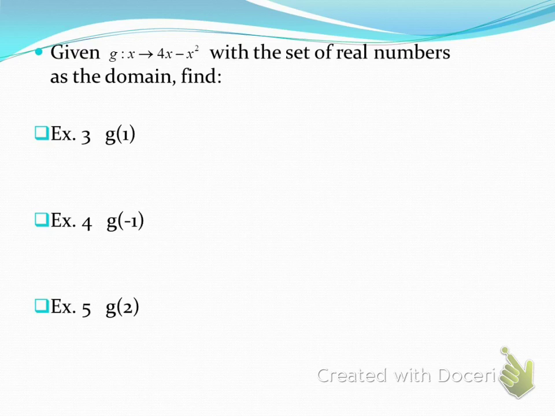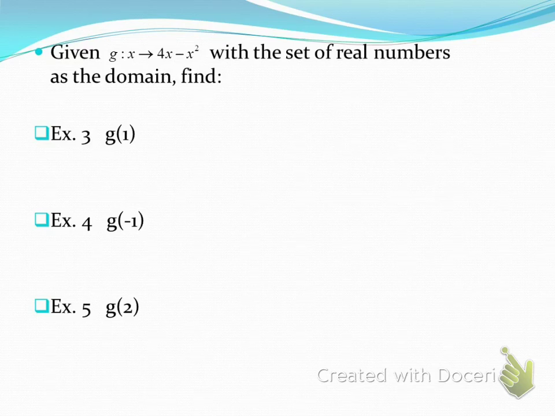Along with function notation is also a new way of writing questions. Okay, so they gave us a function up here. The function's name is g. The variable we're using is x. It's defined as 4x minus x squared.